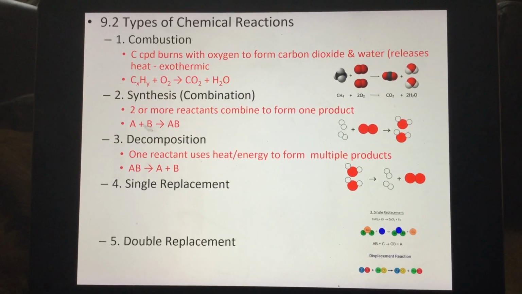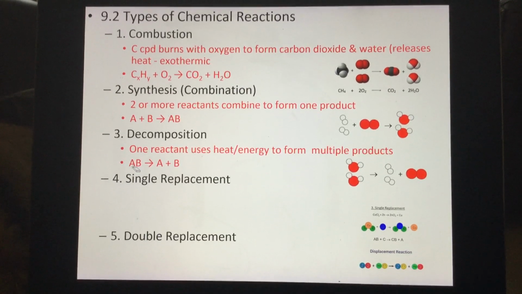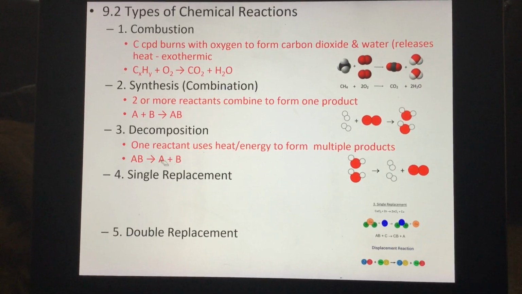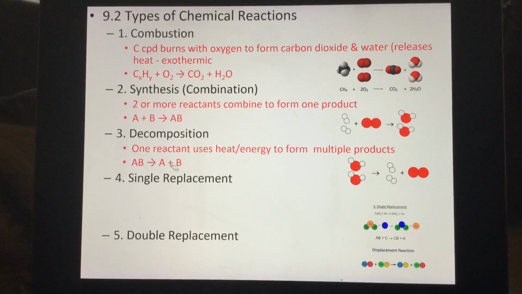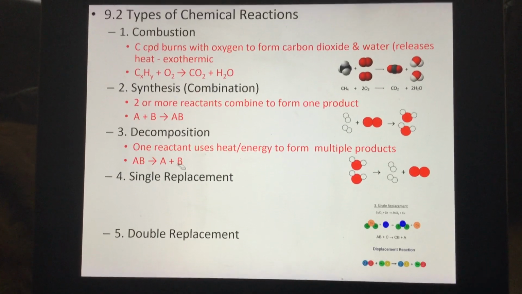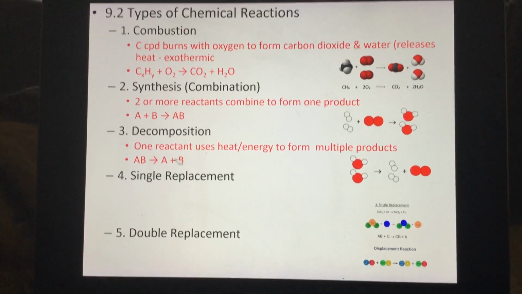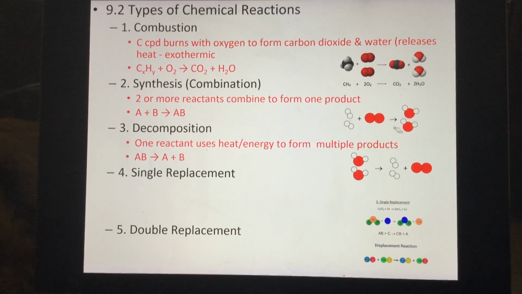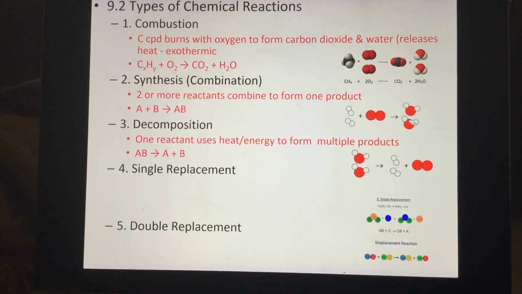So if we just switch the synthesis reaction around to AB being our only reactant, and then it's separating into substance A and substance B, two different substances, that's a decomposition. So again, we can just flip this reaction around here where we made water with synthesis.